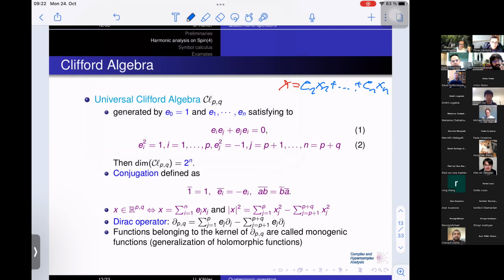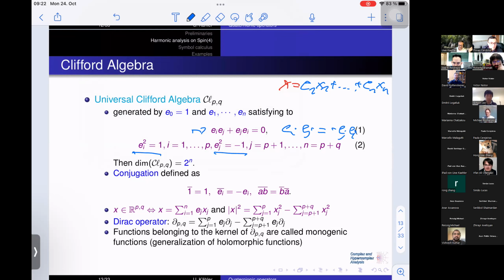And then you introduce multiplication, and the multiplication has to fulfill only two things. First of all, it has to be anti-commuting. That's what is stated here. And the square can be either +1 or -1. Complex numbers are just one vector, e1, whose square is -1. That's classic complex numbers, which is also why it's commutative.